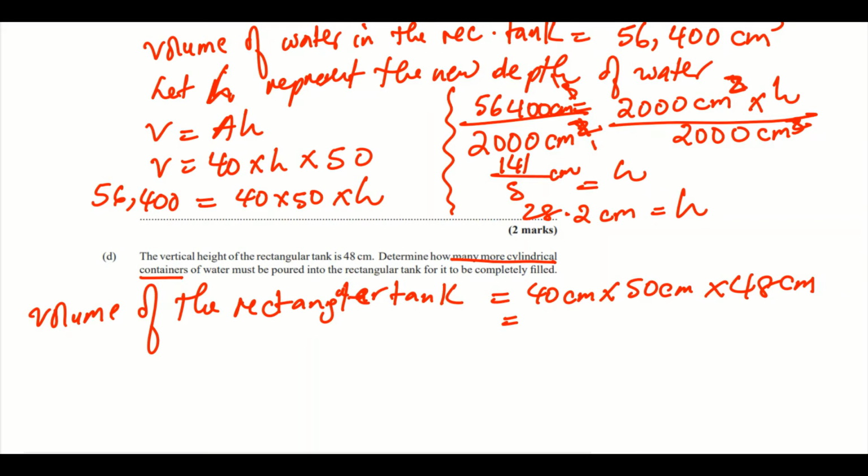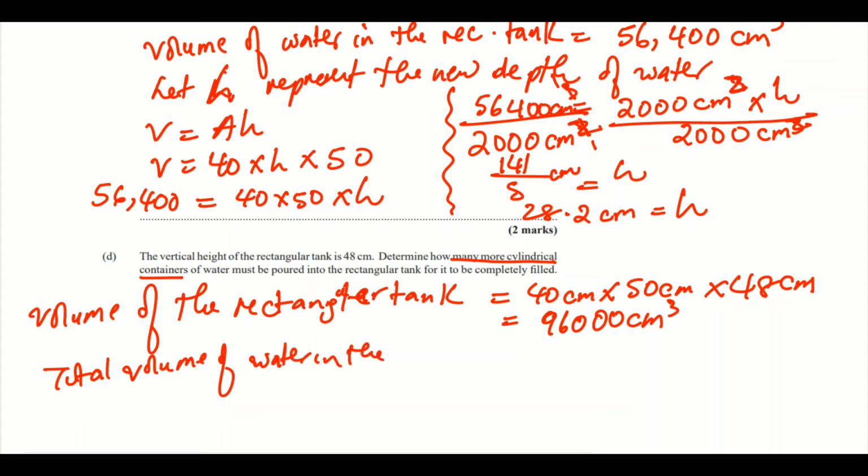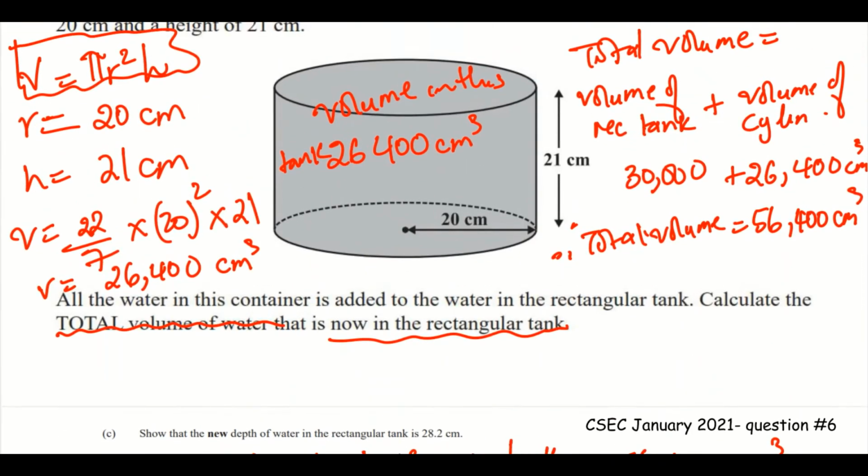So we have 96,000 centimeter cube. We already know that the total volume of water in the tank is 56,400 centimeter cube, and we know this from previous parts, from right here.